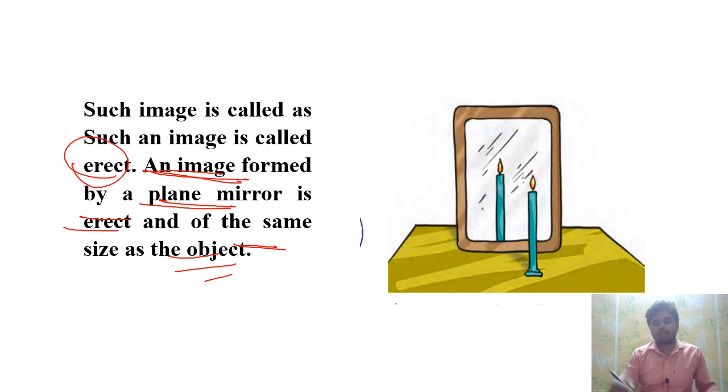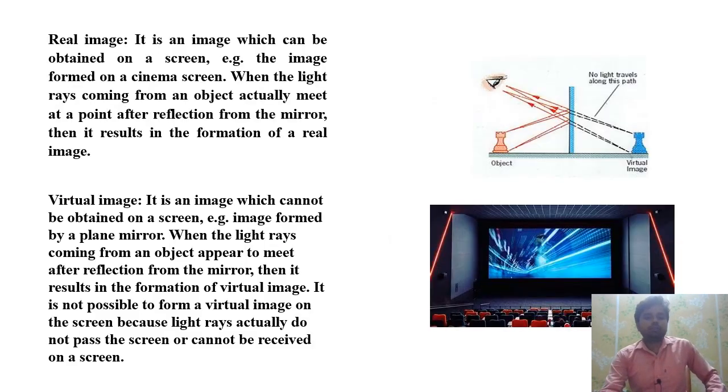Okay, students, good. There are two types of image basically formed. One type of image is one that we cannot bring onto the screen, and another type is one that we can bring onto the screen.